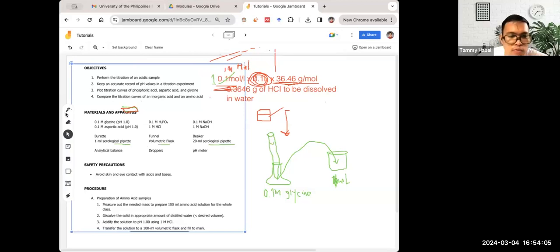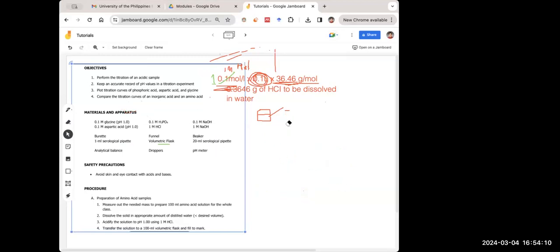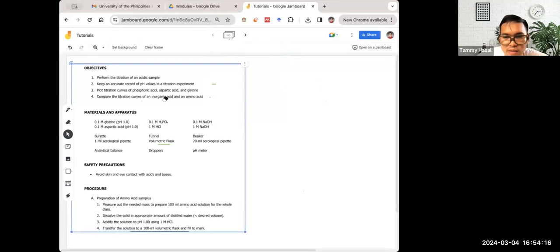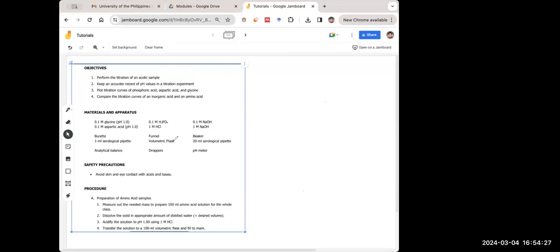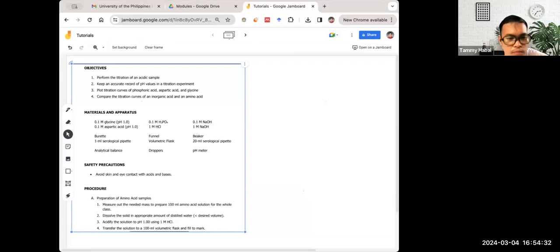Ball flask. Why do you use a ball flask? Your volumetric flask. You will use it to measure stuff. Di ba kanina, we said that we should use your volumetric flask for what? To contain a specific volume. That's correct. You use a volumetric flask to create a certain solution with a certain concentration.